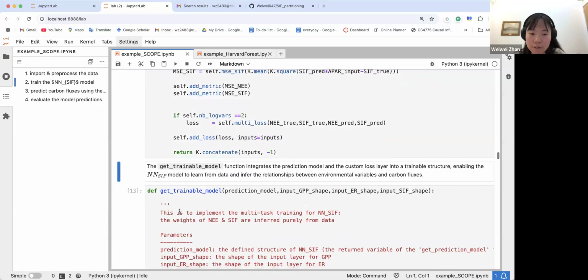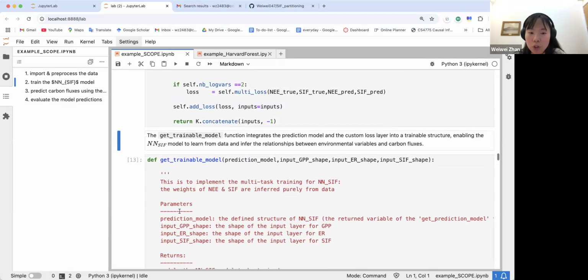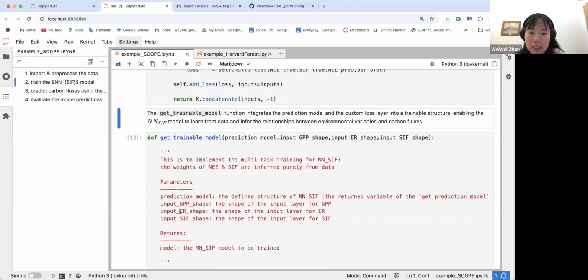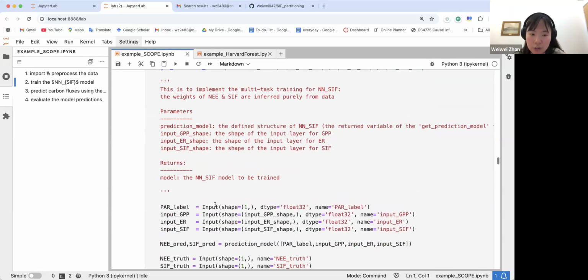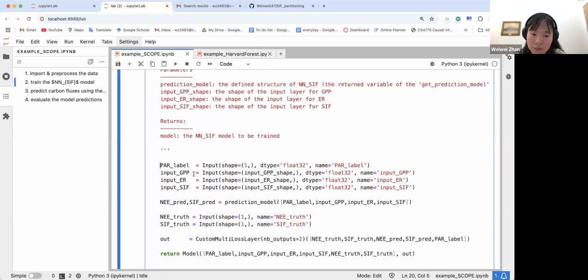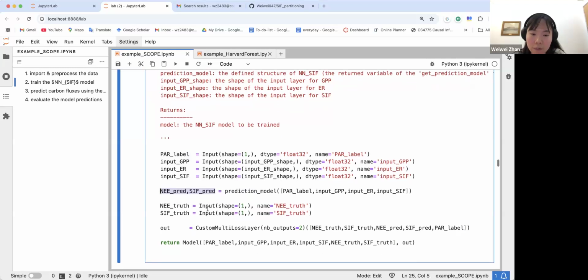So the third part, get trainable model, works to combine our defined model structure with the loss function. So here we similarly define the input for this model, and then by using the prediction model function, we can get the predictions for NEE and SIF.